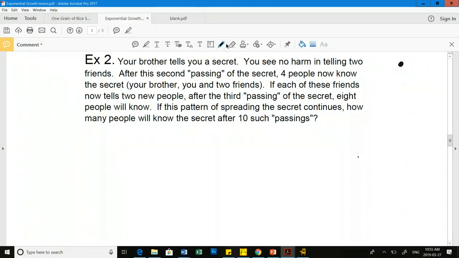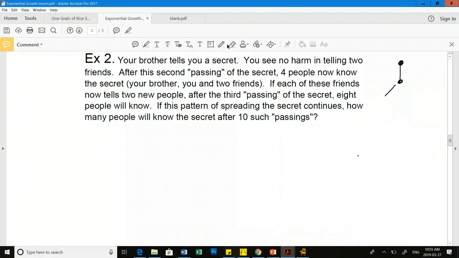Okay, so your brother tells you, and then you see no harm. You see no harm, you're going to go ahead and you're going to tell 2 people. And then those 2 people, they see no harm in telling 2 people each. So these 2 guys, they tell 2 people.